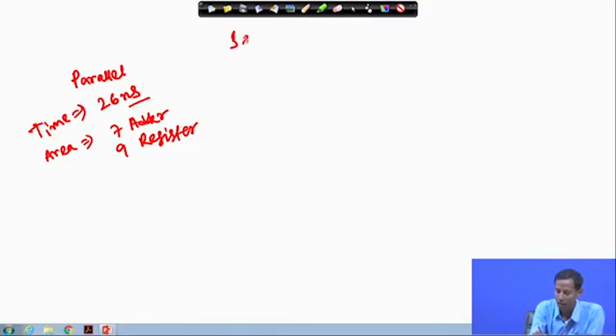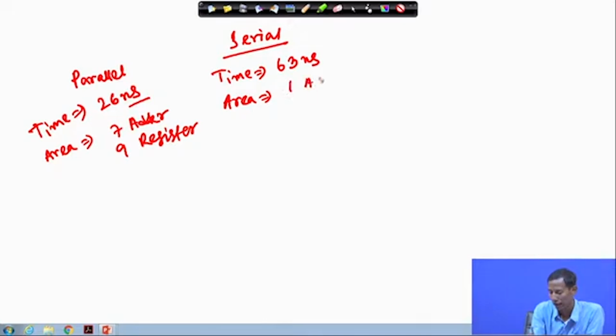For serial implementation, time is 63 nanosecond and the area is 1 adder and 1 register.